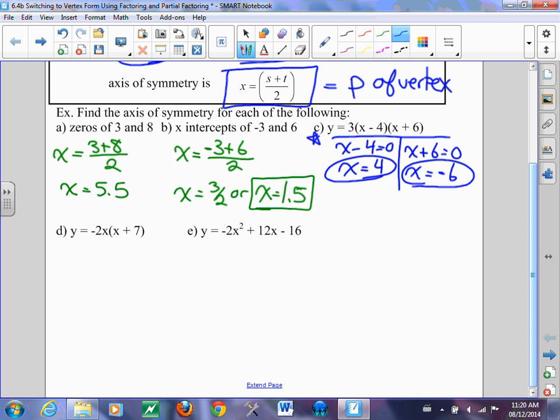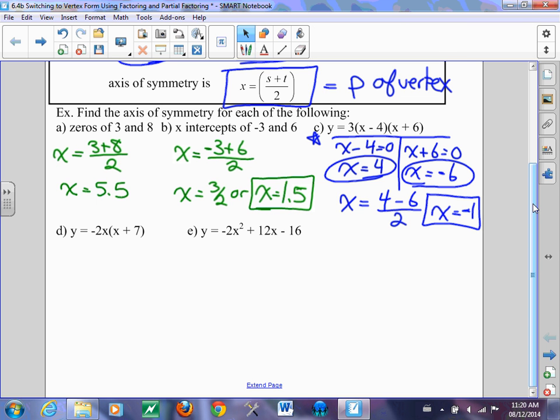To find the axis of symmetry, you add those two up: 4 plus negative 6, which is negative 2, divided by 2. Simplify that and you get x equals negative 1. There's the first three examples done.